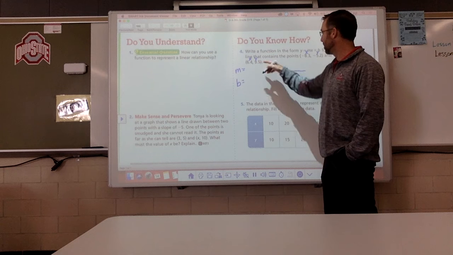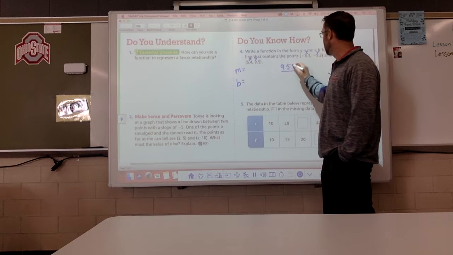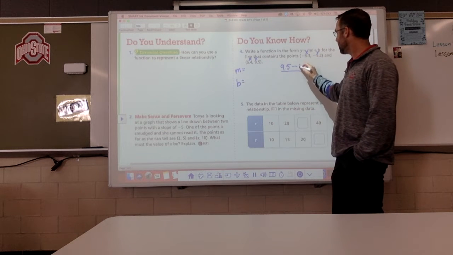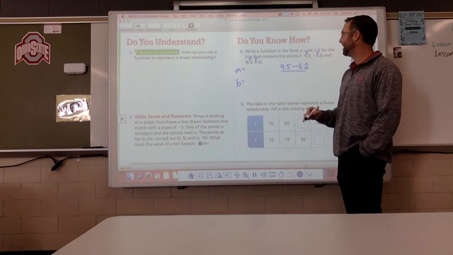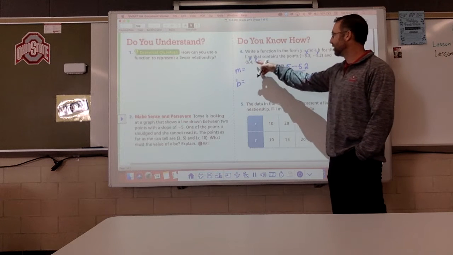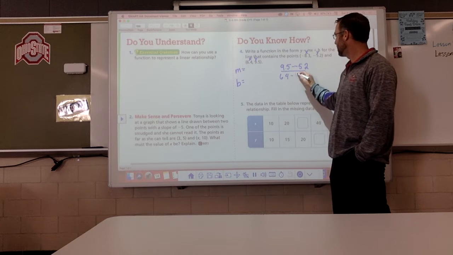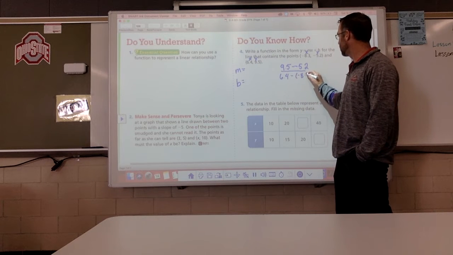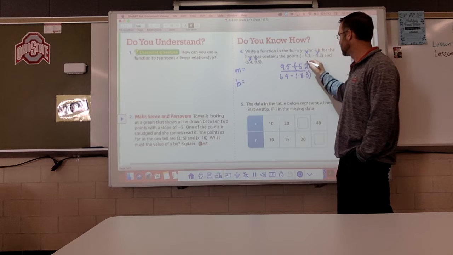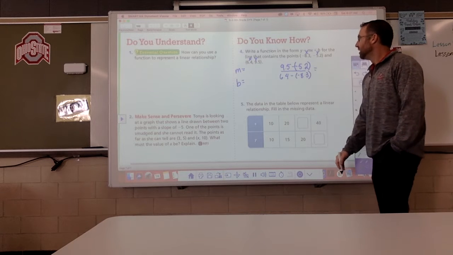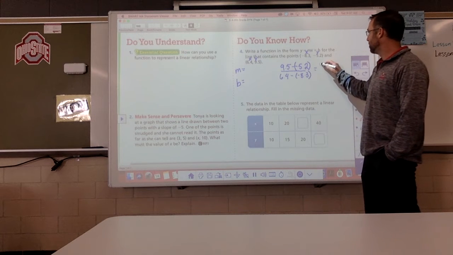So let's start with the big one. 9.5 minus negative 5 2/10. And then on the bottom, X values 6 4/10 minus a negative 8 3/10. Well, this has got to be about 14.7.